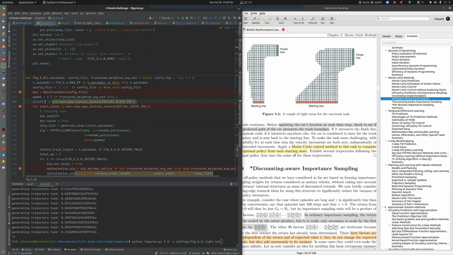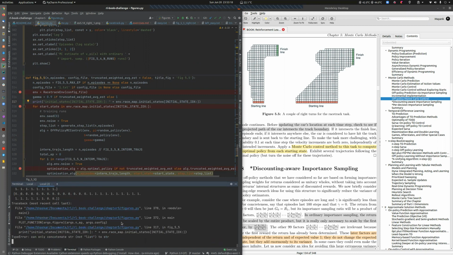The concatenation value, because this might be taken as a string. There's a list.